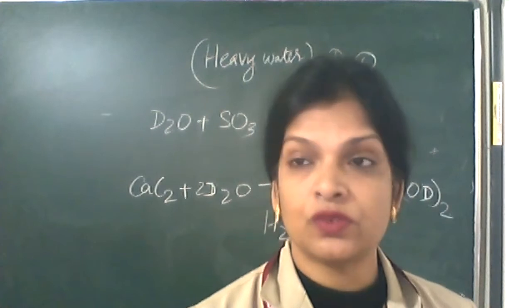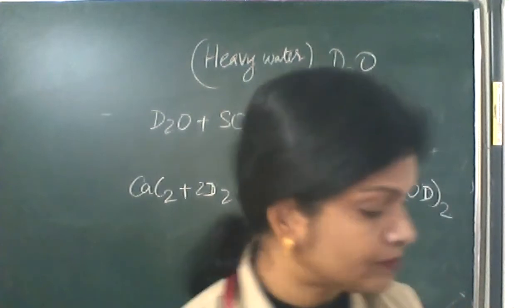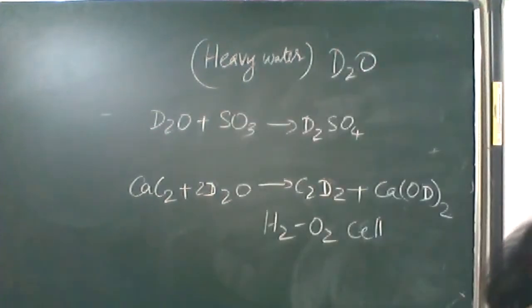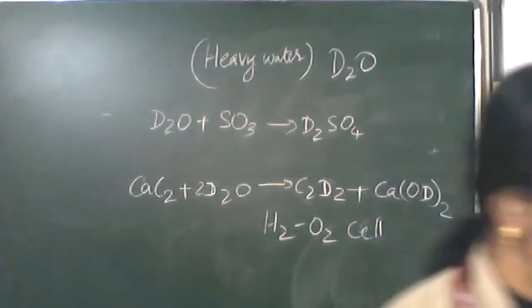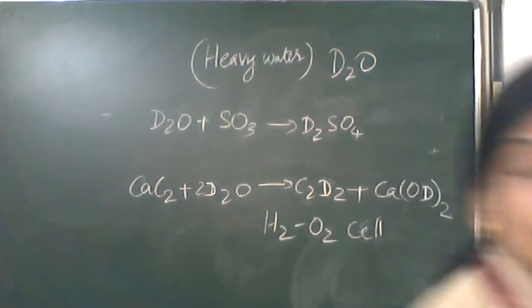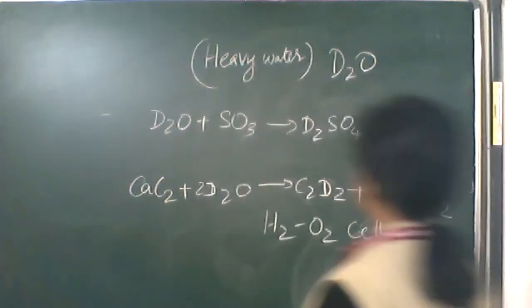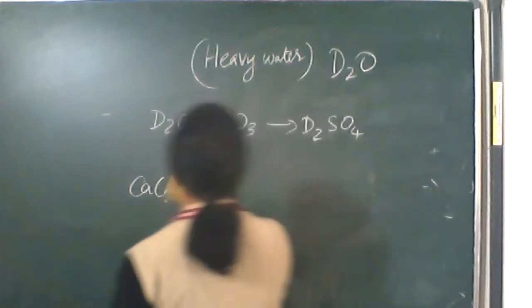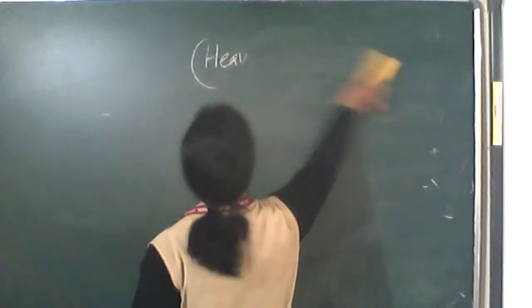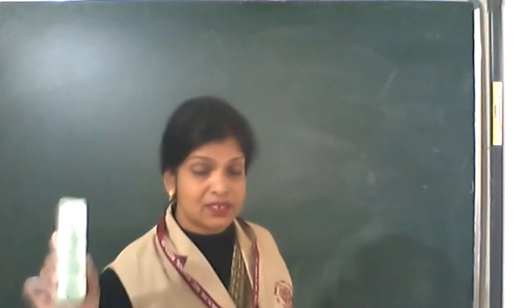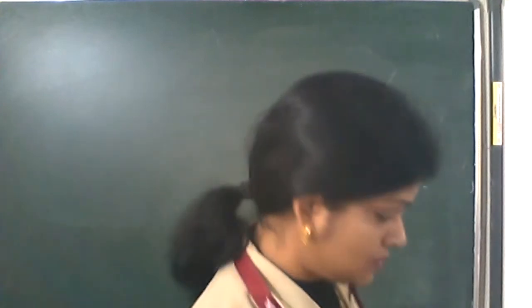Next, we are moving to the S block. The S block contains alkali metals and alkaline earths. Hard water is different from heavy water.